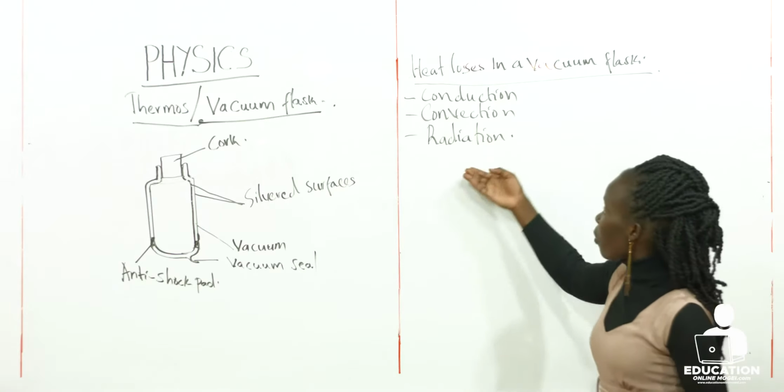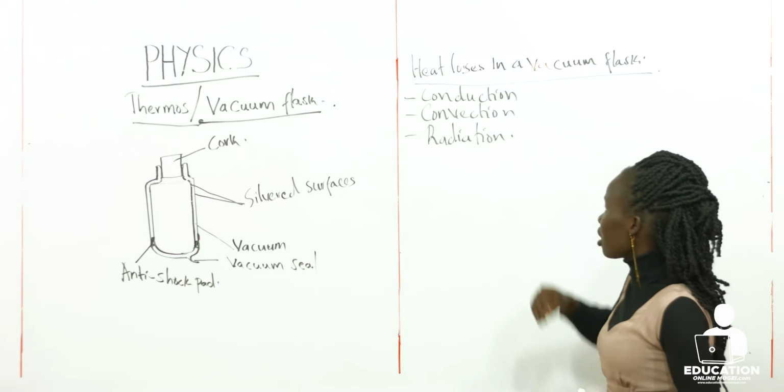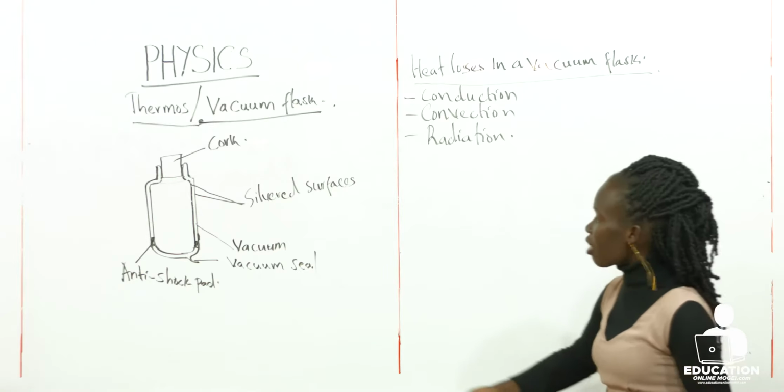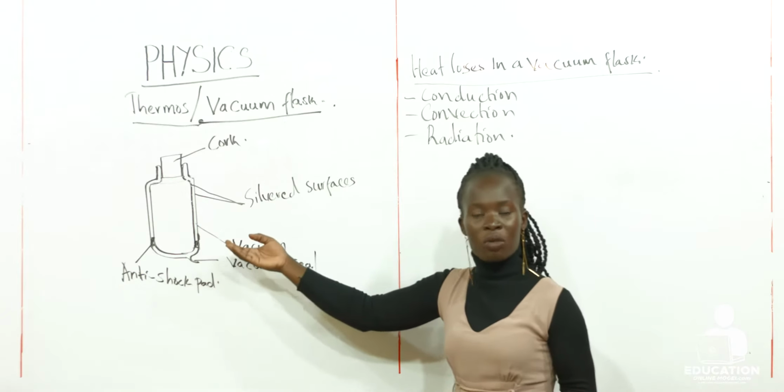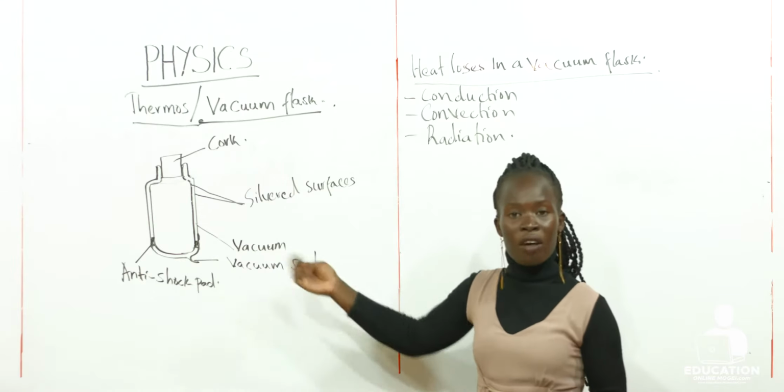Because of this, what do you think causes this? Why do we incur this kind of heat loss in that? So you will see that we have contact between the materials or the system, and there is also a vacuum there.